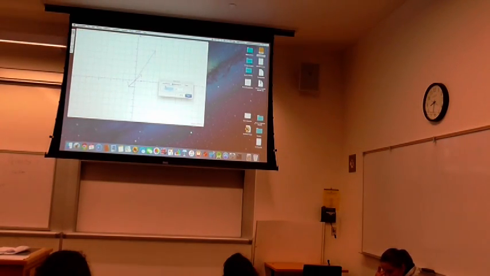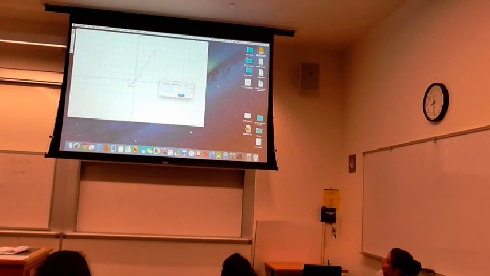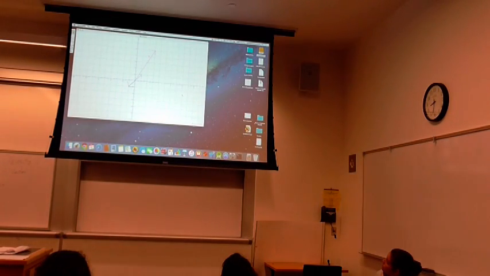Plot points. 2, 4, plot. Okay. So here's that vector moved over. So its tail is now at the head of the first vector, right?